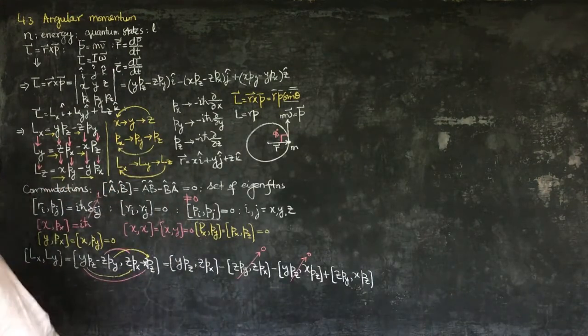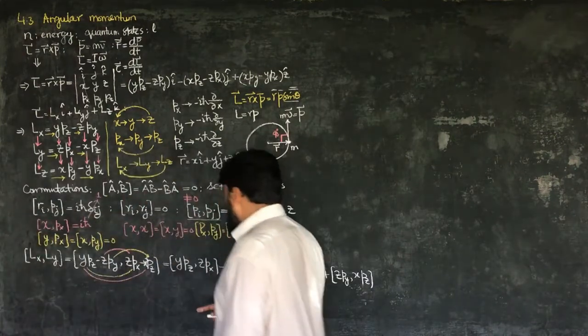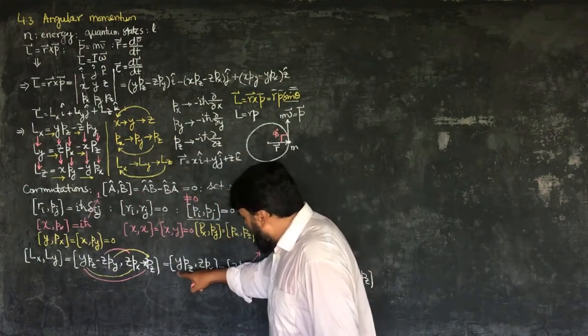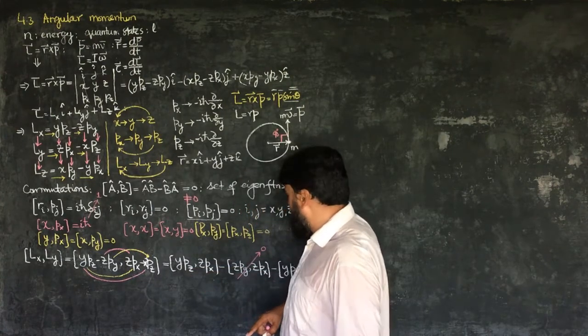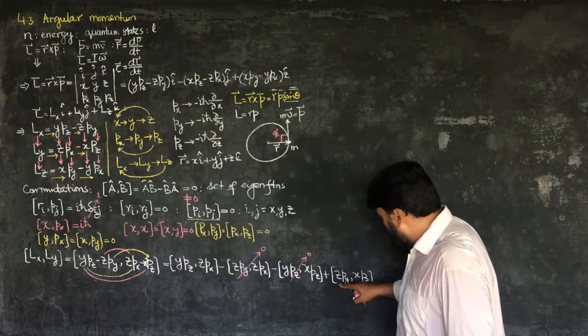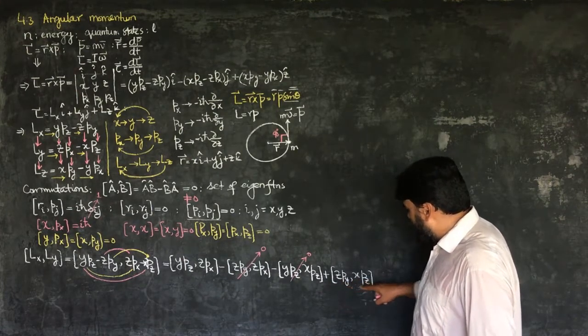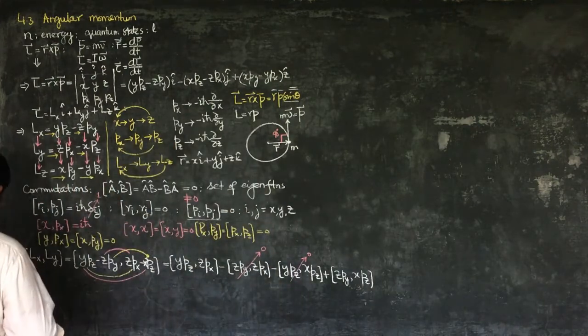And so I can write that. Now what's the problem with these two? Why are they not commuting? Because here this one is different from this one, and this one and this one are different. That's why they will not commute. Here this and this are different, this and this are different. So we will say they are not commuting.